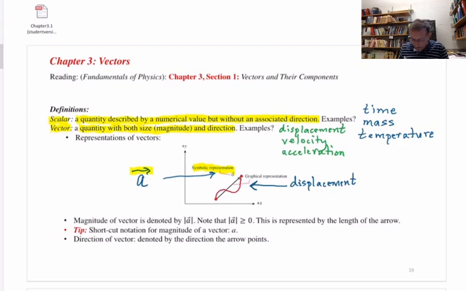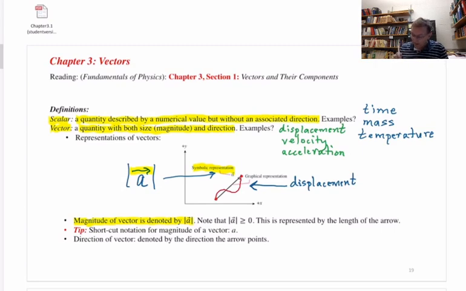So let's talk about how you represent magnitude. The magnitude of a vector, here's one way to denote it. It's not the only way. You take the vector symbol, in this case the A with the arrow on top, and you put absolute value symbols about it. So if I went back to my symbol A, arrow, and put absolute value symbols on it like that, now I'm telling my reader, oh no, I'm only talking about the magnitude part of the vector.